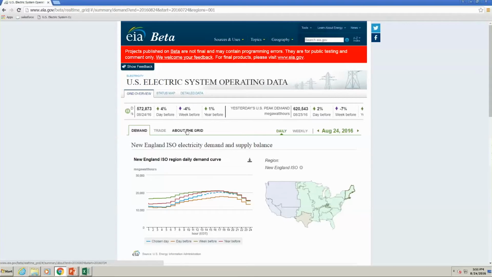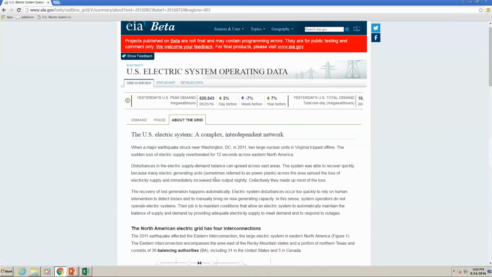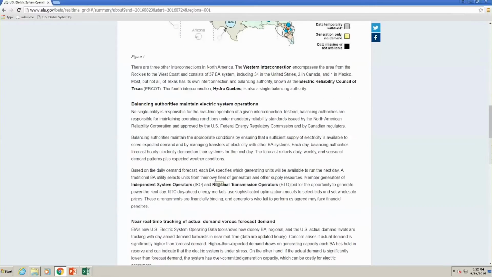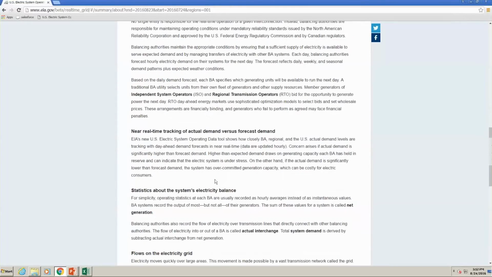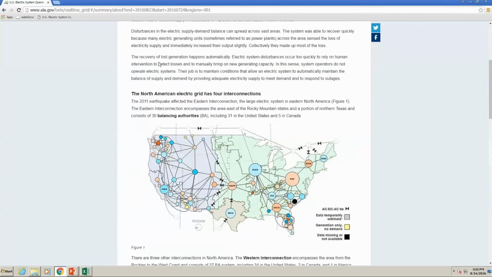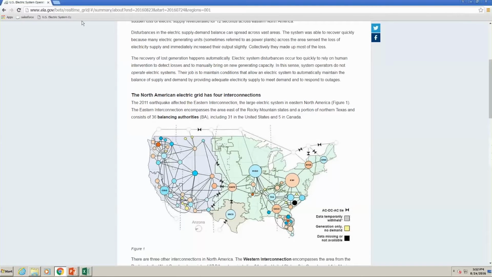And then there's a write-up about the grid, which gives some basic descriptive information about what the U.S. grid is and how it operates. So this is hopefully some useful background information for you to look at to understand better the information that we're presenting here.